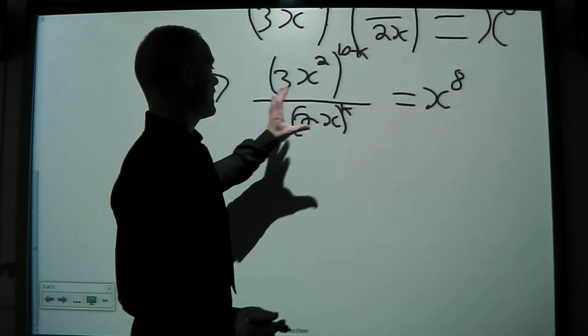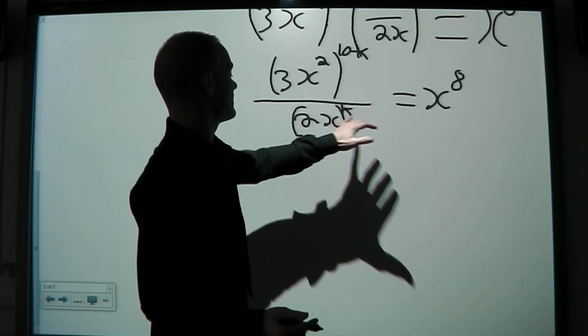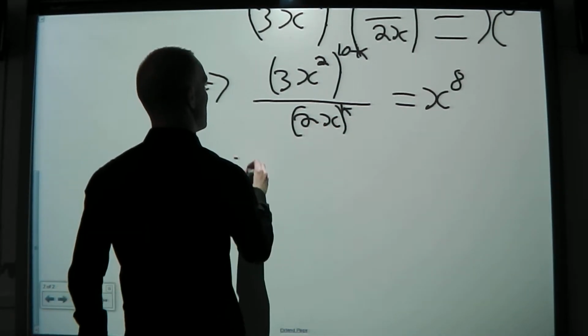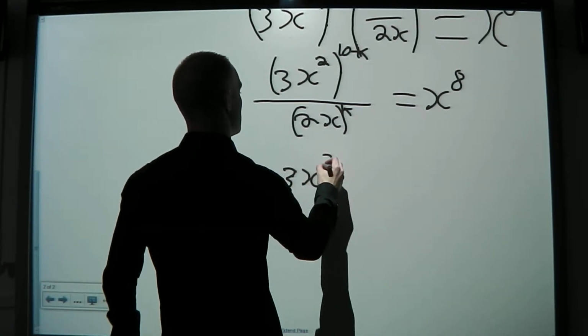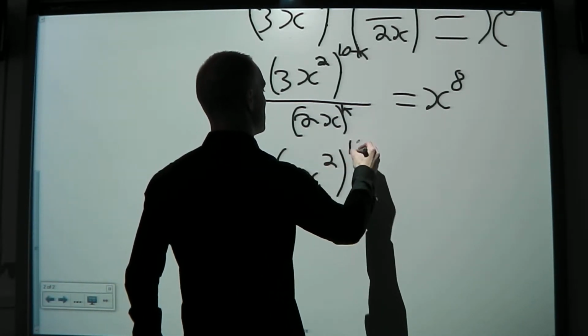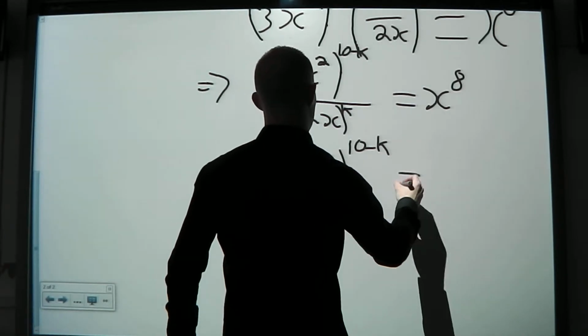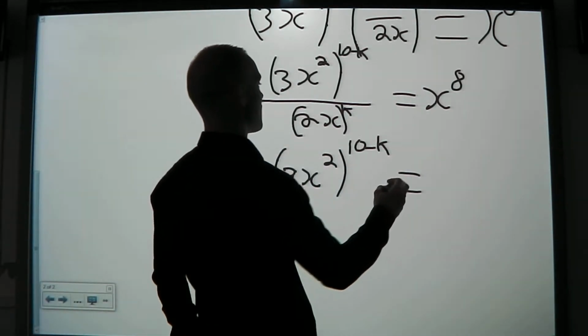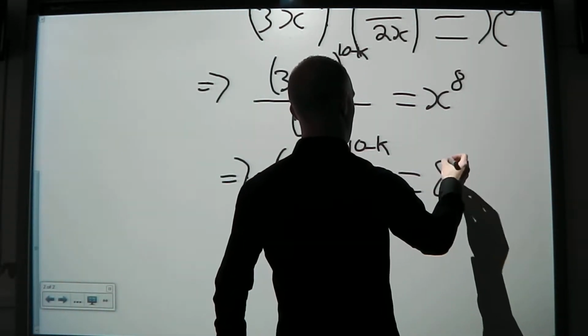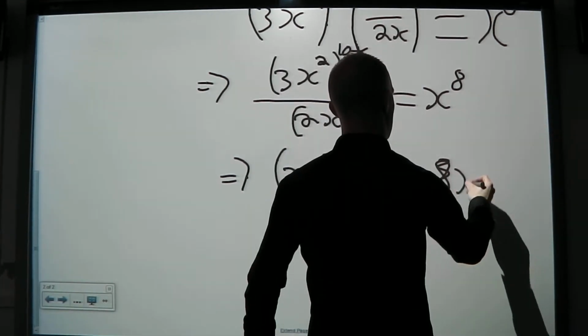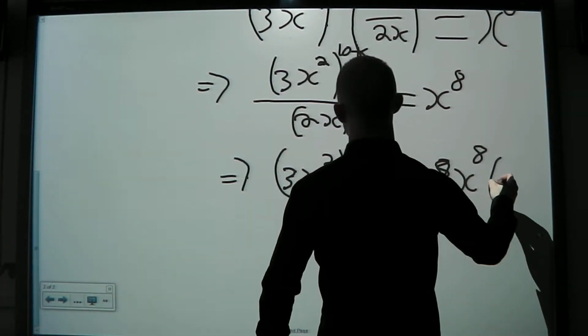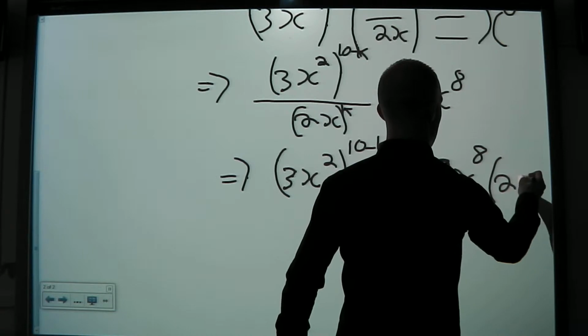So now, just to get rid of the denominator here, we'll multiply both sides by 2x to the power of k. That implies 3x squared to the power of 10 minus k is equal to x to the power of 8 times 2x to the power of k.